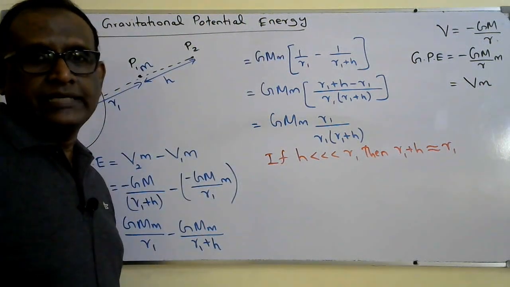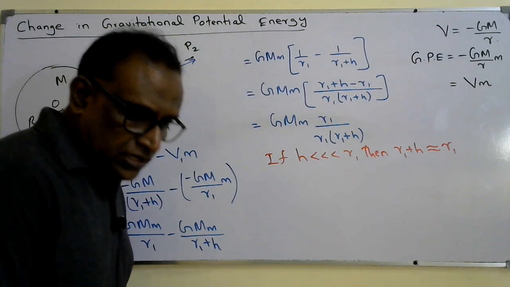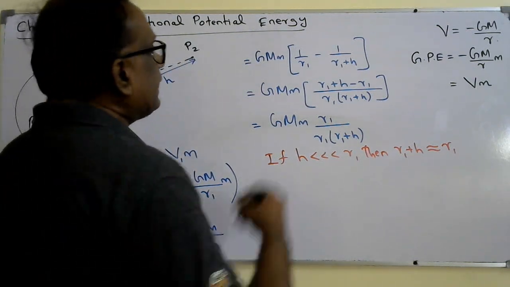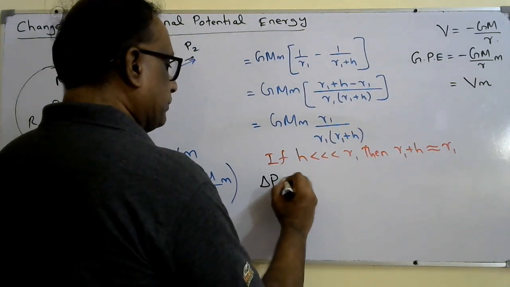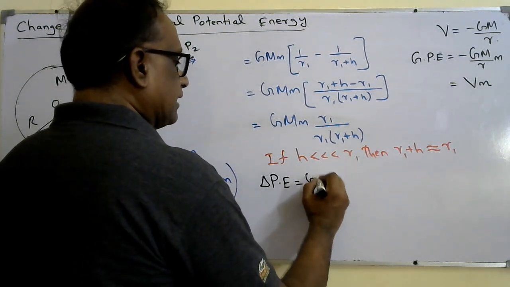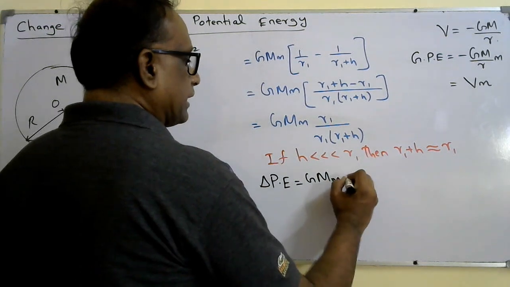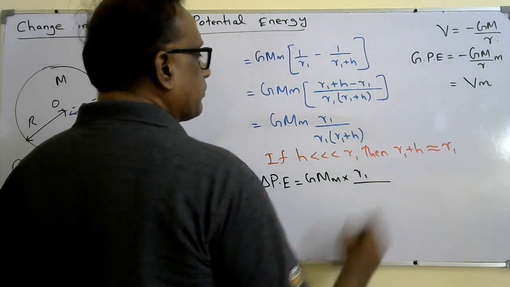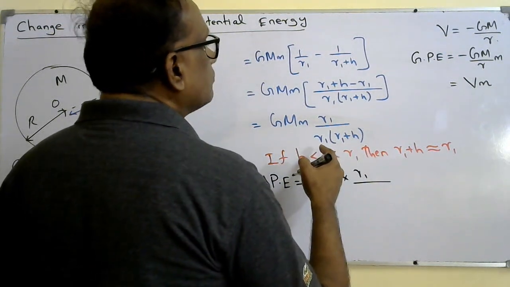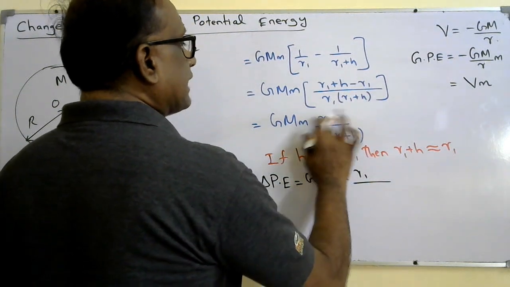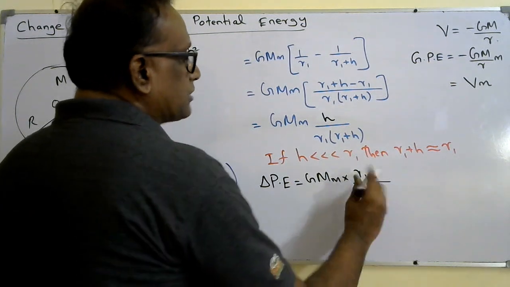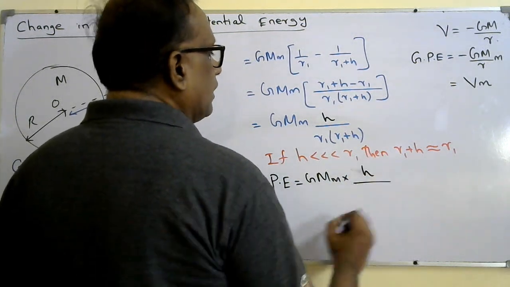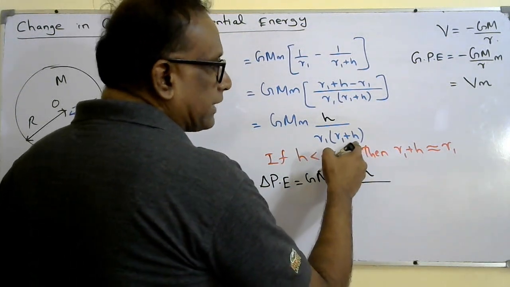The change in gravitational potential energy, delta PE, will become GMm into, sorry, here there's a mistake I made. Yeah, this is h. Sorry, there's a mistake. R1 gets cancelled, so this is h over R1 plus h into R1, and since R1 plus h is almost equal to R1, it's going to be R1 squared.